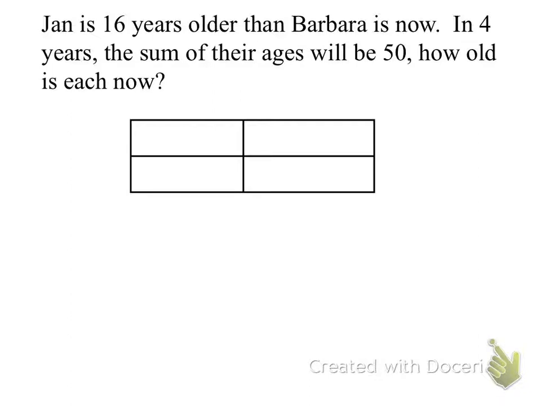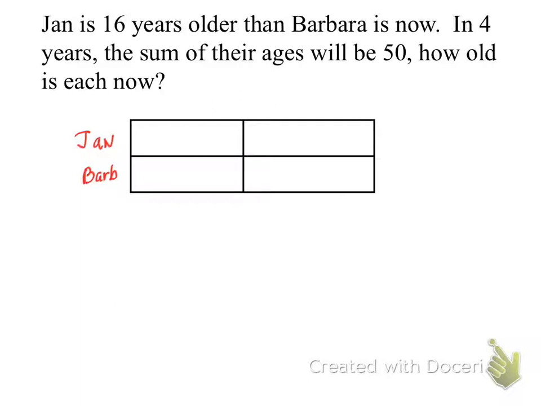So take a minute, write the word problem down and the 2x2 box. What am I comparing in this word problem? Jan and Barbara. So I'm going to write that here. Jan and Barb.